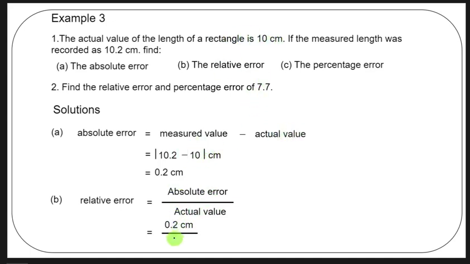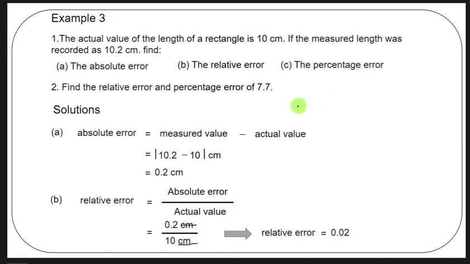So the relative error is going to be 0.2 centimeters divided by 10, which is 0.02. It will have no units because they cancel each other.